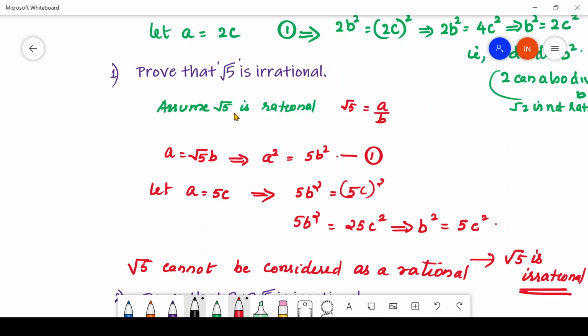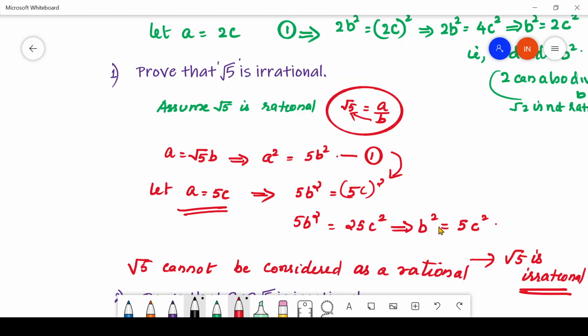First, we assumed root 5 is rational and we wrote it in the form of a by b. Then we did the cross multiplication. A is equal to root 5 b. Again, we squared. A square is equal to 5b square. We put a is equal to 5c and we converted equation number 1 as 5b square is equal to 5c the whole square. And we got it as 25c square.